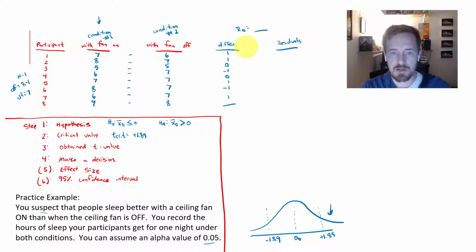So I've got 1 plus 0 plus negative 1 plus 0 plus 1 plus negative 1 plus 1. And that gave me a format error because I typed it in incorrectly.